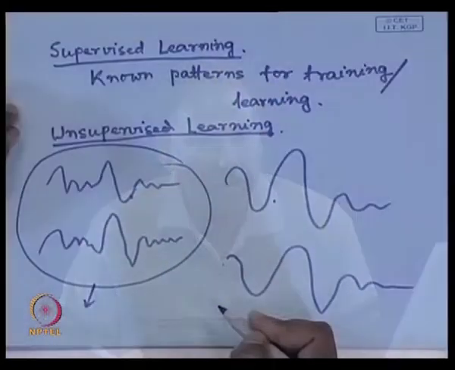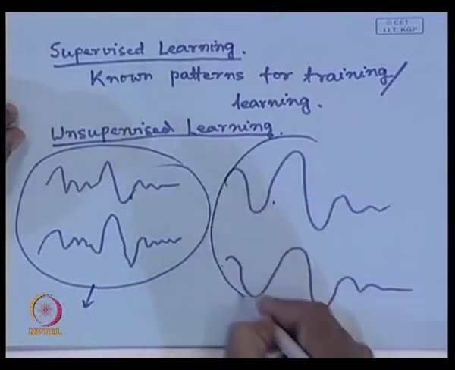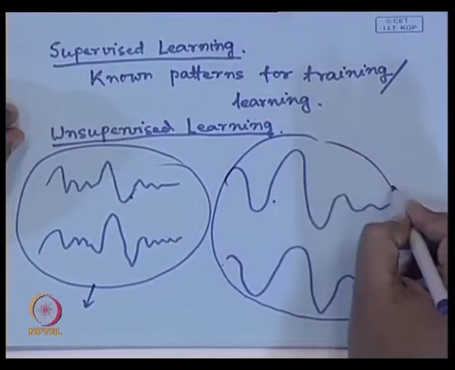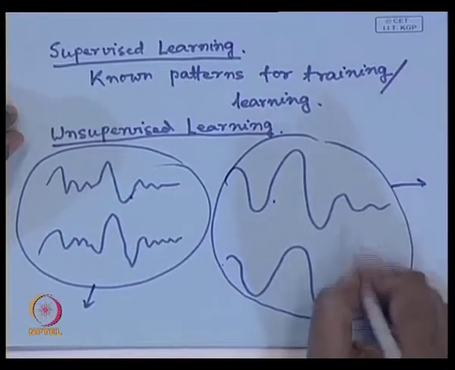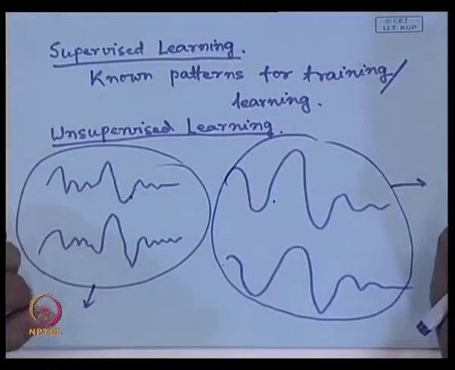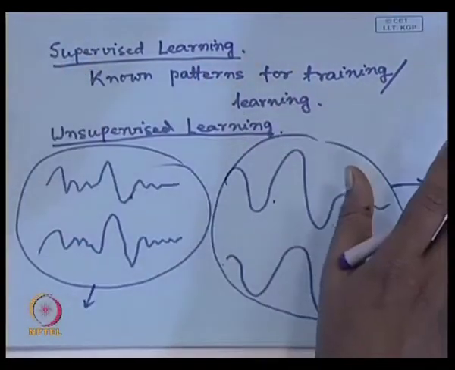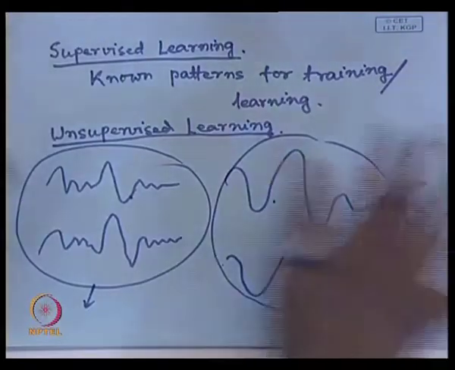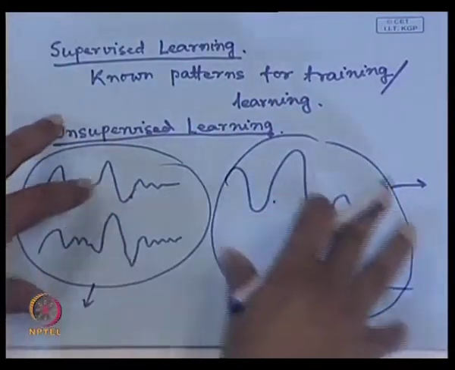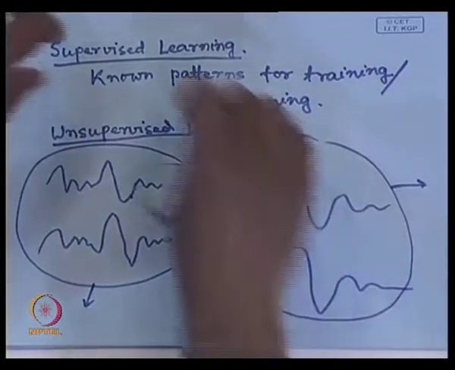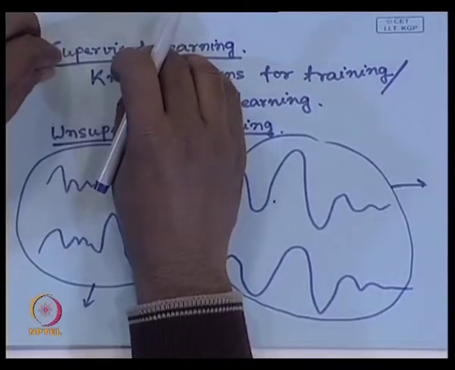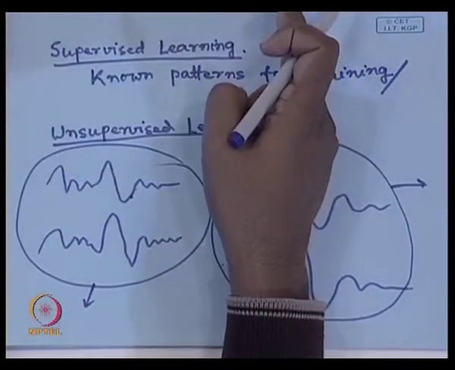The feature vectors generated from these two classes will go into one set, and the feature vectors generated from these patterns will move to another set. This partitioning has to be done by data processing. This knowledge is not known beforehand, whereas in supervised learning it is known beforehand.